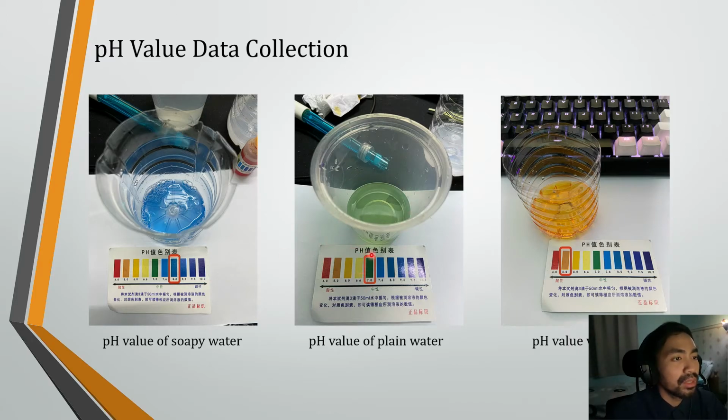The color turns green. So on this card the pH is 7. And this is for vinegar, the water turns orange. So on this card, orange is 5.